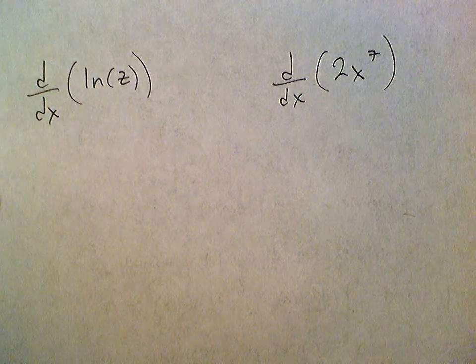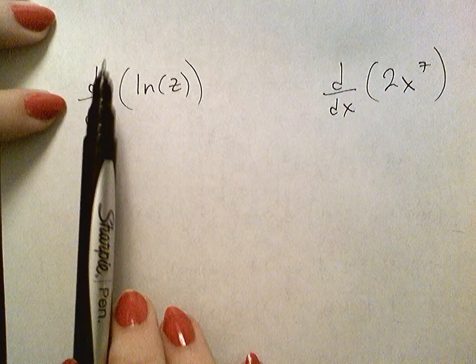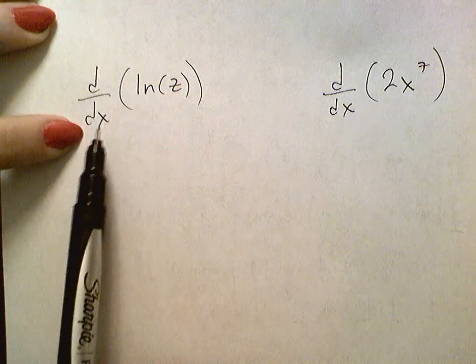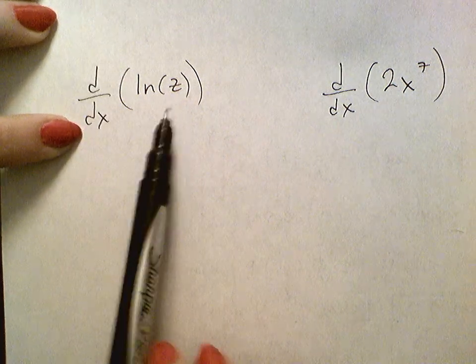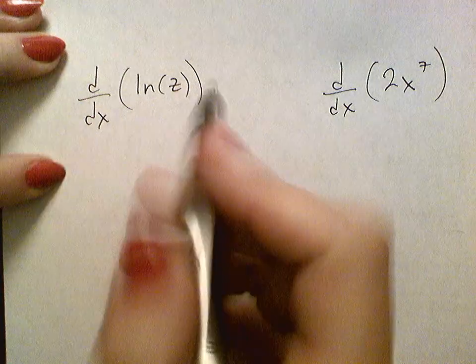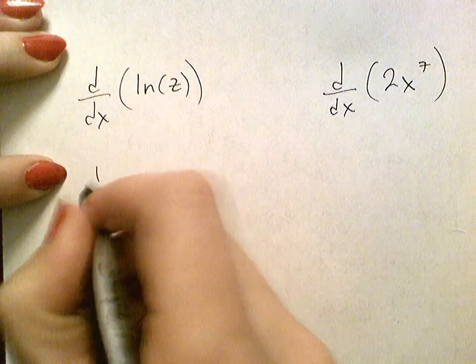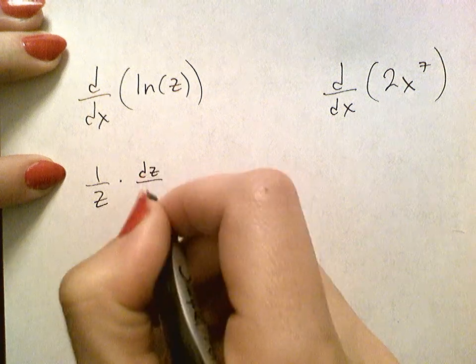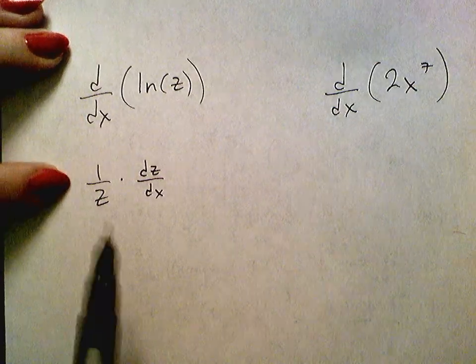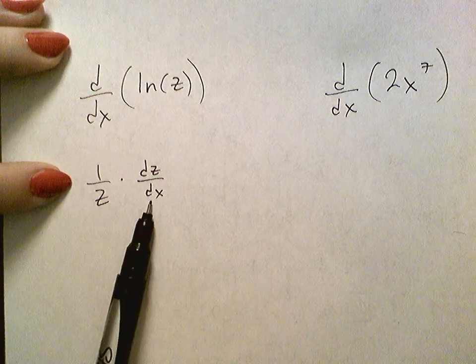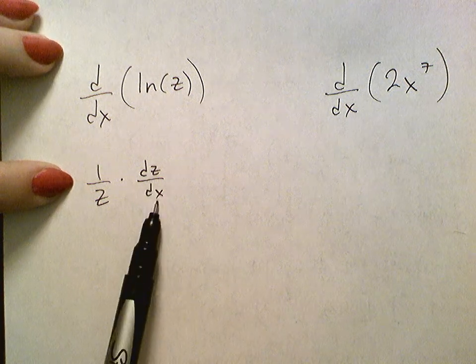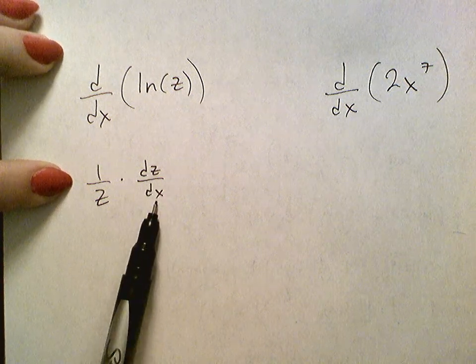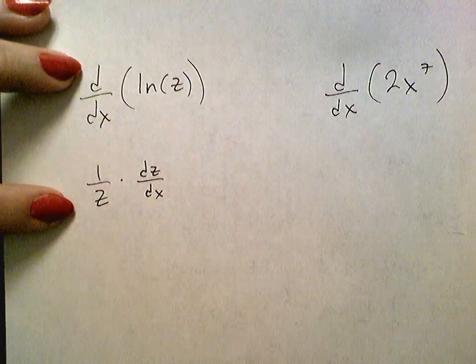I'm going to go faster. I'm not going to use the in and out chart. So I'm taking the derivative with respect to x of this. I know that the derivative of natural log is 1 over whatever, so it's going to be 1 over z, and then I go times dz dx. So you just do the normal derivative, and then you multiply it by the derivative of the input variable.